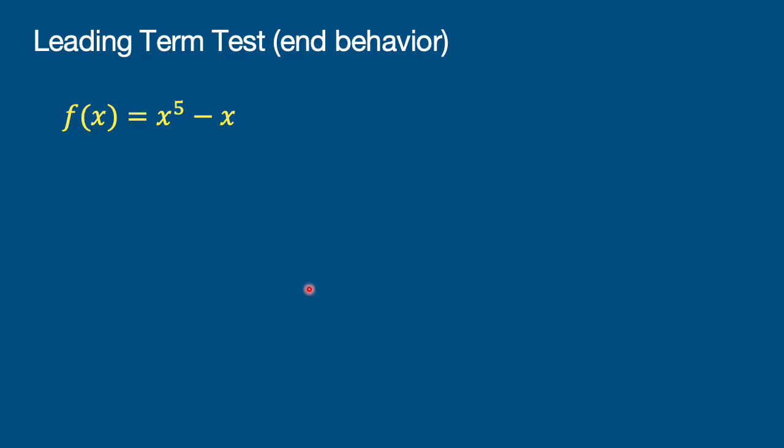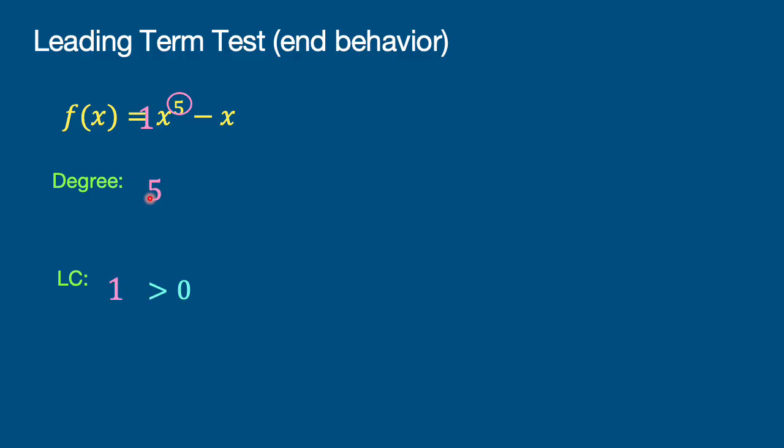Let's have another example this time, guys. Look at this one. Let's check the leading term, meaning the leading degree and leading coefficient. What is the degree? The degree is 5. What is the leading coefficient? 1. Right there, right?